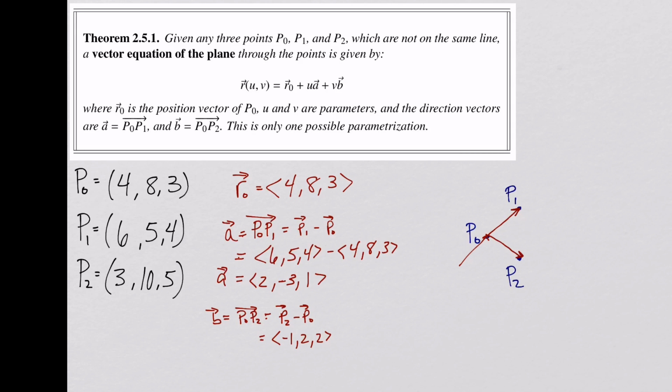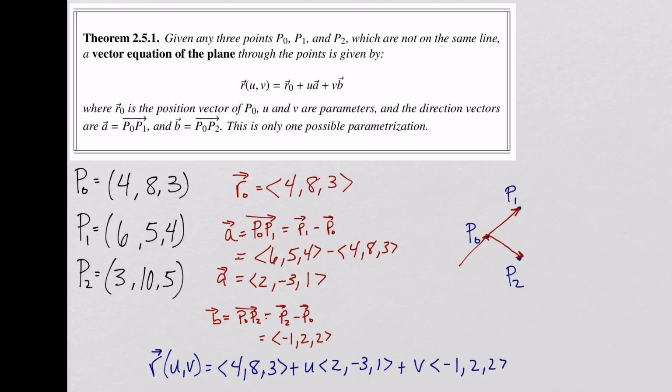We know R0, we've got A, and we've got B. So now we're just going to substitute these vectors into our equation, and we'll have something that looks like this, where we say R of U and V is equal to our position vector R0, so 4, 8, 3, plus U times A, which was 2, negative 3, 1, plus V times our direction vector B, which was negative 1, 2, 2. Right, so given 3 points, we were able to formulate this equation of a plane.